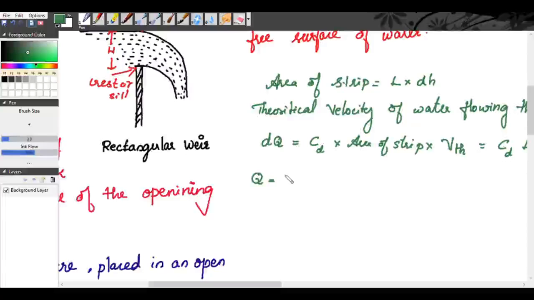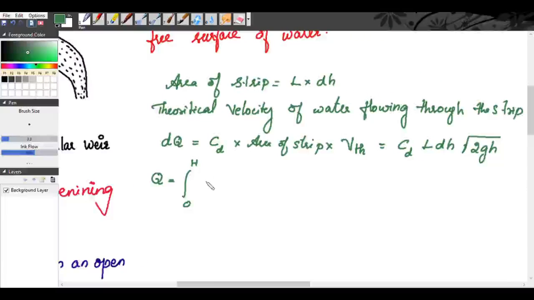So integrating dq from 0 to H, you get the integral from 0 to H of CD into L into square root of 2gh into dh.